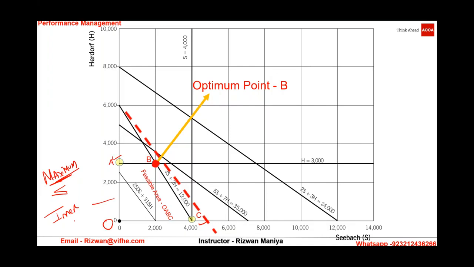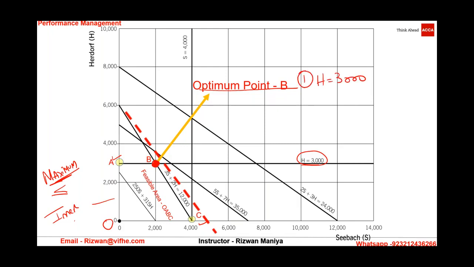So let's see the lines that are intersecting at point B. At B, there are two lines intersecting. One is the line of H, which is H equals 3000. This is the first equation.